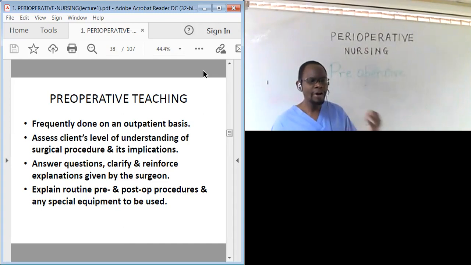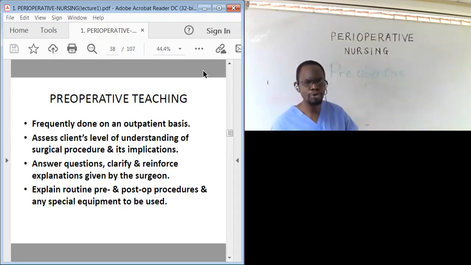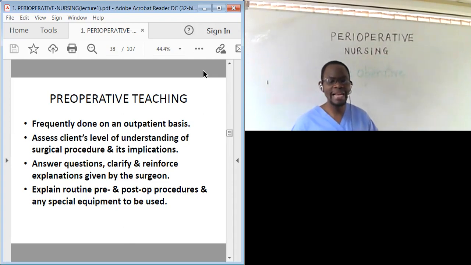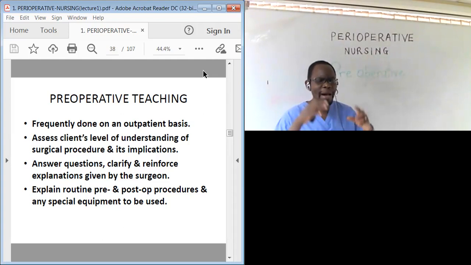And also answer questions, clarify and reinforce explanations given by the surgeon. Remember, as I said earlier, it is the role of the surgeon to do informed consent, to address all the issues that the patient has before a particular surgery is going to be done, how it is going to be done, what are the risks and benefits, among other things.